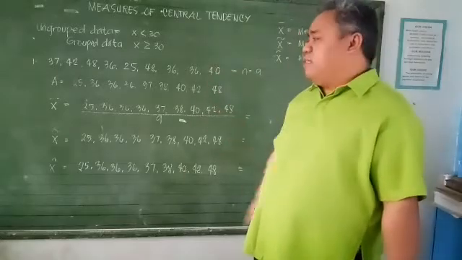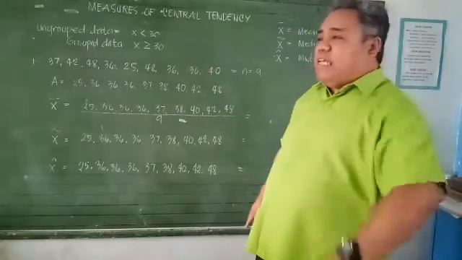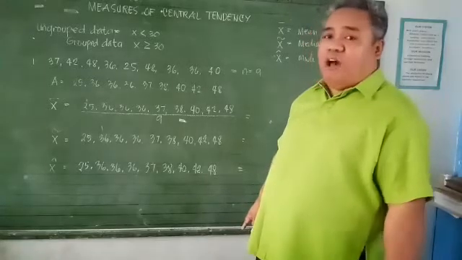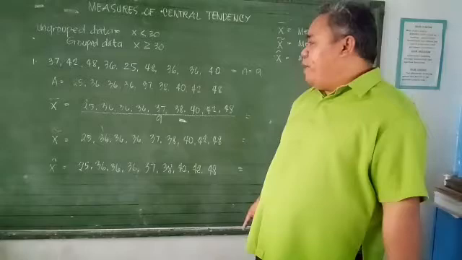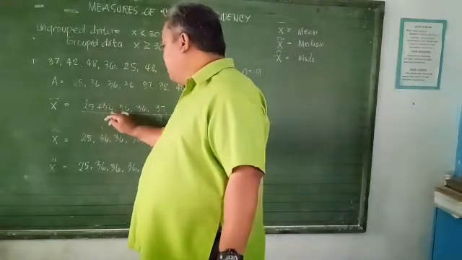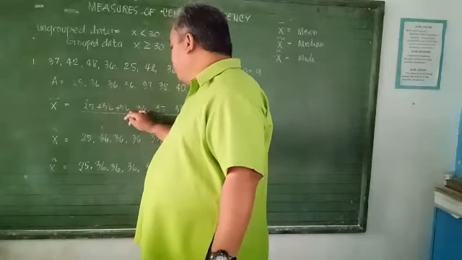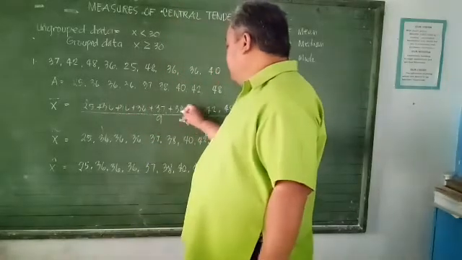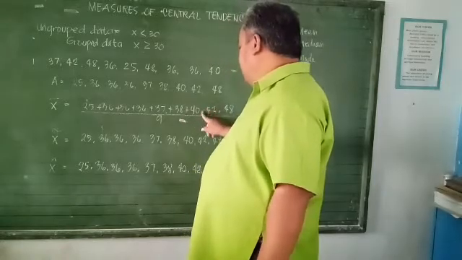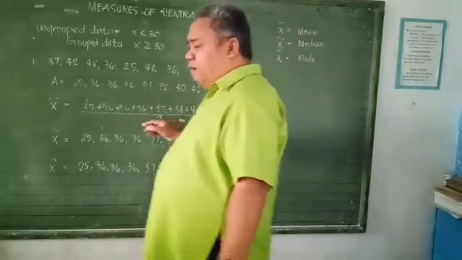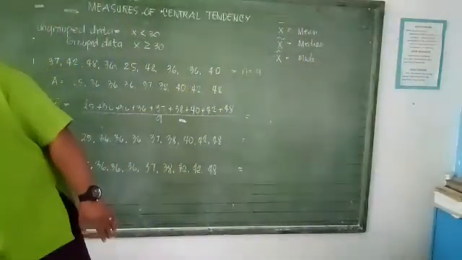You arrange it first. And then, the first that we're going to find is the mean. Okay. So, mean, which means also average, wherein we're going to add all the data. Add natin lahat yan. So, we're going to put plus here. So, we're going to add these numbers for this group of data.